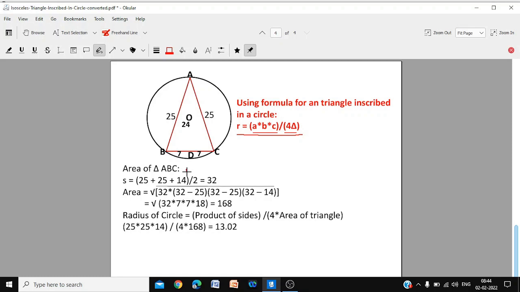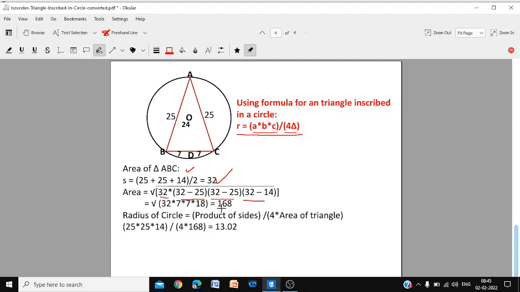The area of the triangle we calculate using Heron's formula. Semi-perimeter is 25 plus 25 plus 14 divided by 2, and the semi-perimeter is 32.